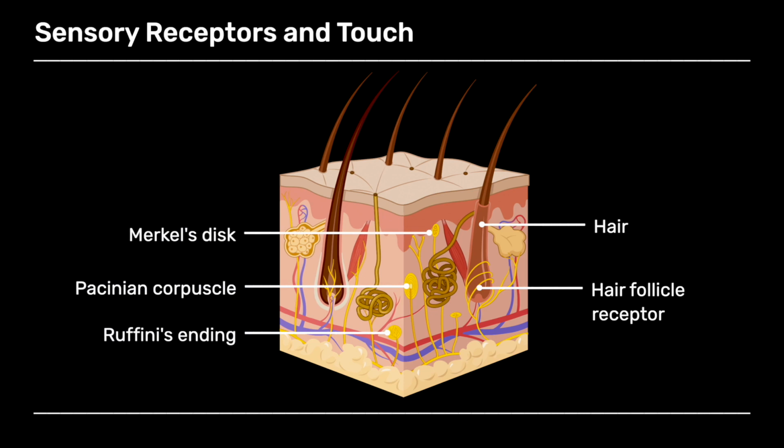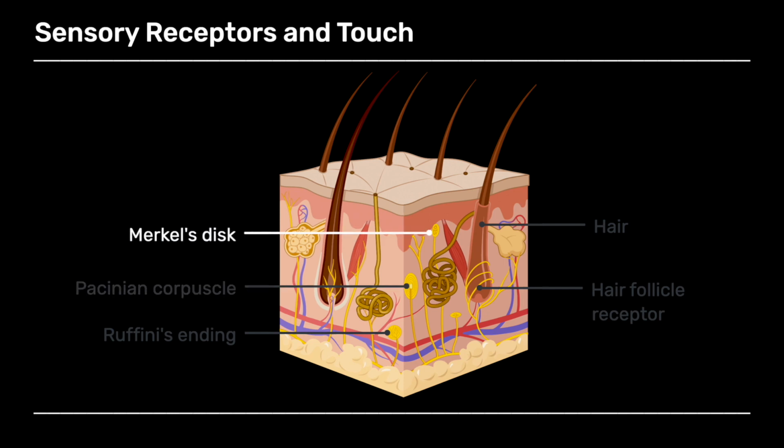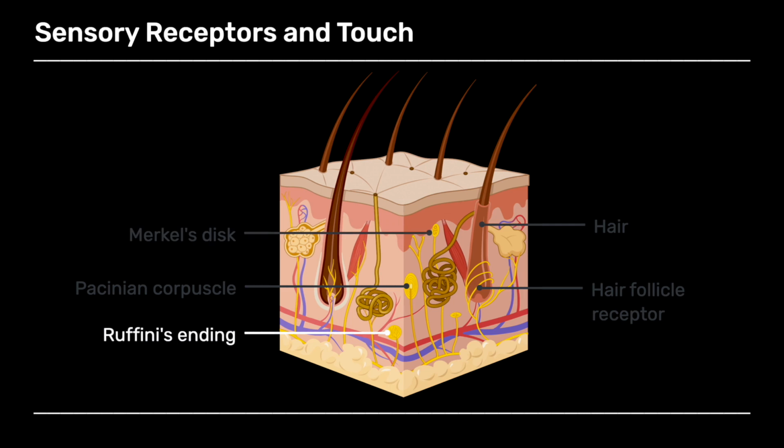Within the layers of the skin are a whole range of different receptors, which have rather strange names from the people who first discovered them. So we have Pacinian corpuscles, which respond to vibration of the skin surface. The Merkel discs respond best to pressure, while the Ruffini endings respond to stretch.